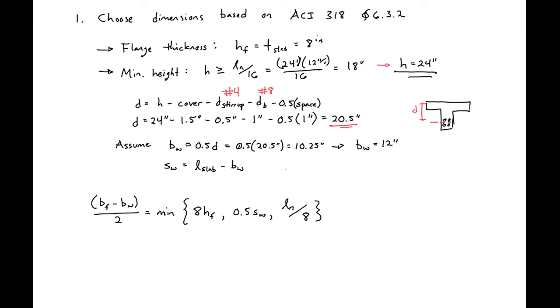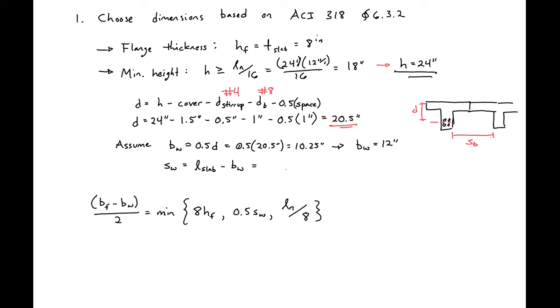So then we can find the spacing between our webs. We remember that our T-beams are part of an integrated slab system. So to find the width of our top flange, we need to know the spacing between the webs. And the spacing between the webs is just going to be equal to the length of our slab minus bw.